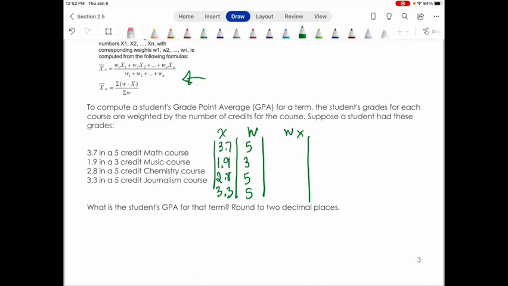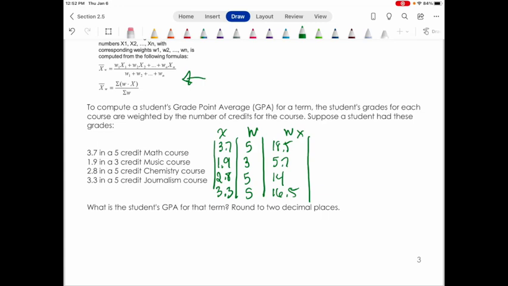All right, so when I take 3.7 times 5, that's going to give me 18.5. When I take 1.9 times 3, that's going to give me 5.7. When I take 2.8 times 5, that's going to give me 14. And when I take 3.3 times 5, that's going to give me 16.5.